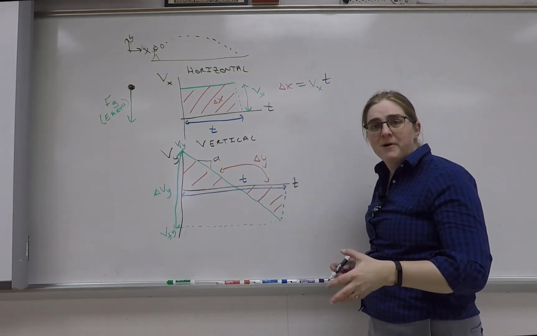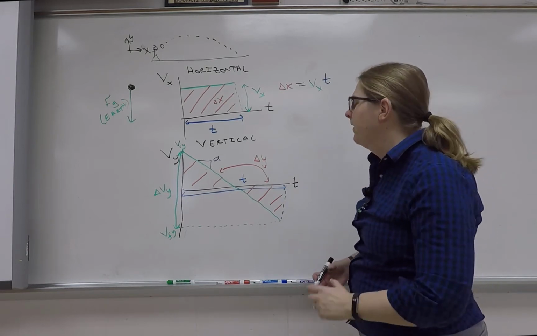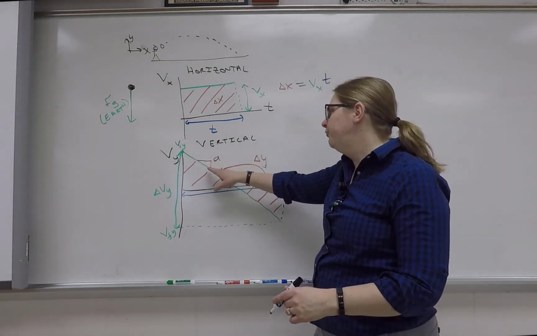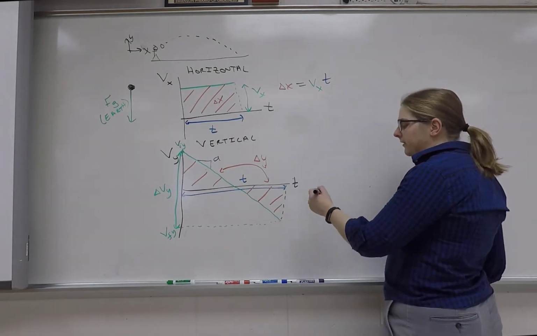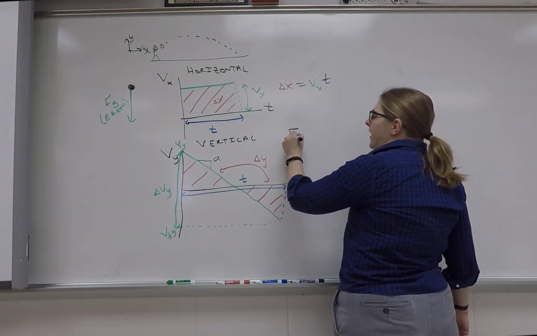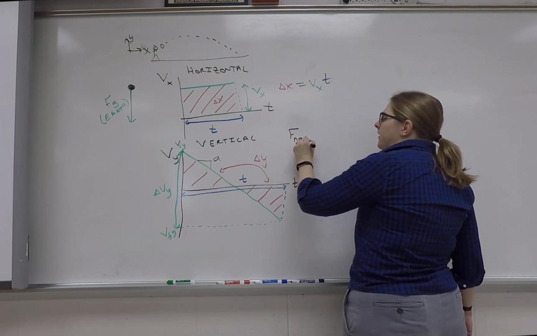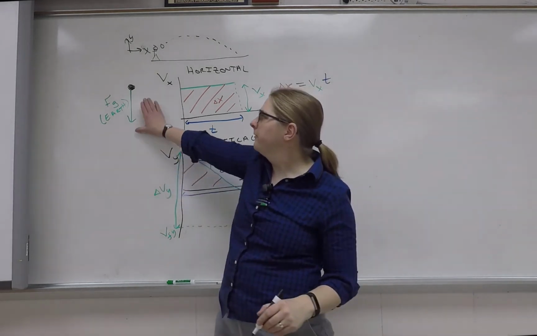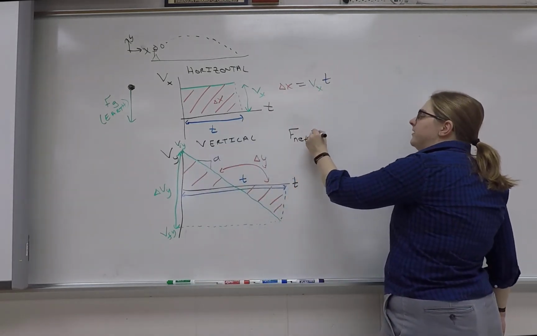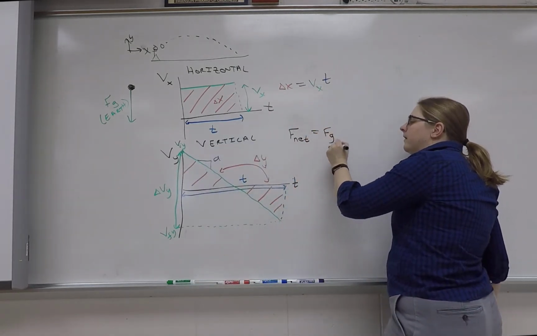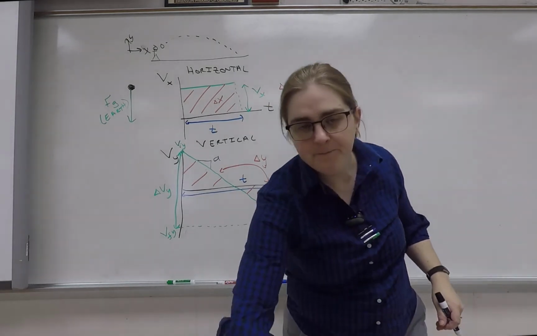Now, I want to talk a little bit about the value of that acceleration. When you did your video analysis, you should have gotten a slope right around 10 meters per second squared. So the reason for that: when the only force acting on that tennis ball is the force of gravity, that means that the net force equals the force of gravity.